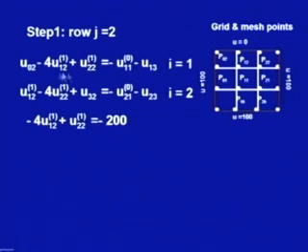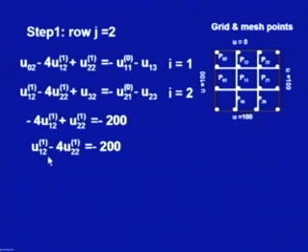So we get minus 4u12 at 1 plus u22 at 1 is equal to minus 200. Similarly, u32 is this point, that is 100, and then we get the point u23, which is 0.